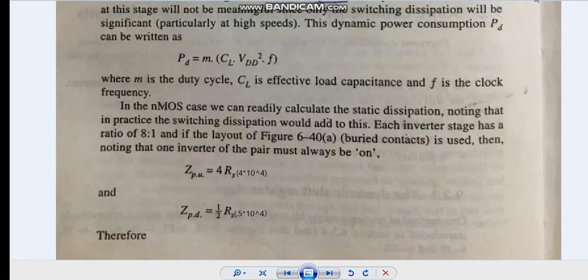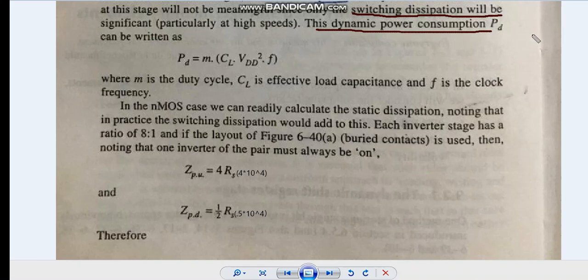Okay, thank you. Next we go for dissipation. We calculate dynamic power consumption, that is switching dissipation. The dissipation type that is significant to calculate here is switching dissipation.